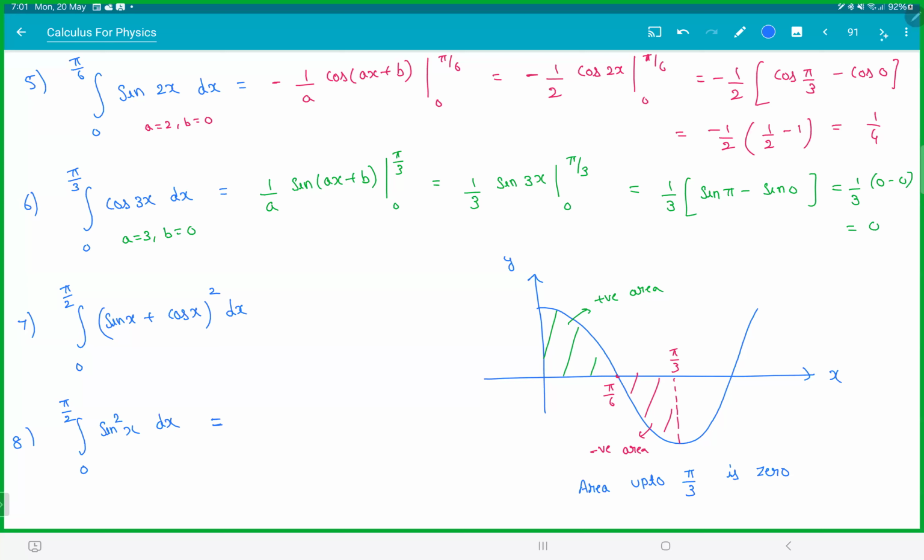It's not 0. Try it. I'll give another 30 seconds and I'll show you. Just expand it. Sin square x plus cos square x becomes 1. Then you'll get 2 sin x cos x. What is 2 sin x cos x? Sin 2x.